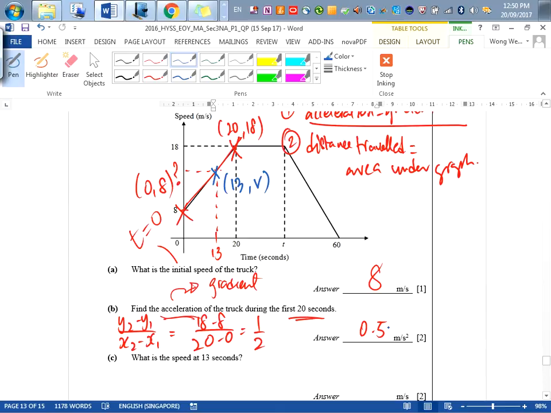So can I form an equation? V minus 8. So I choose to consider this point and this point. So V minus 8 divided by 13 minus 0. What is this supposed to give me? I'm finding out the acceleration.